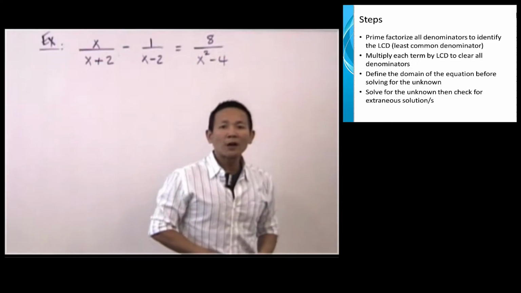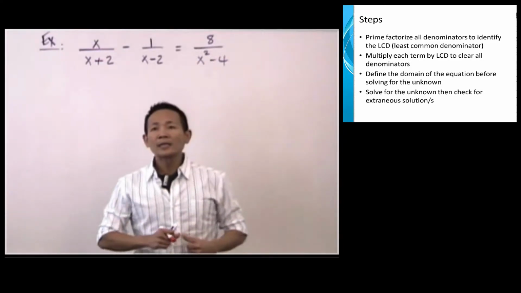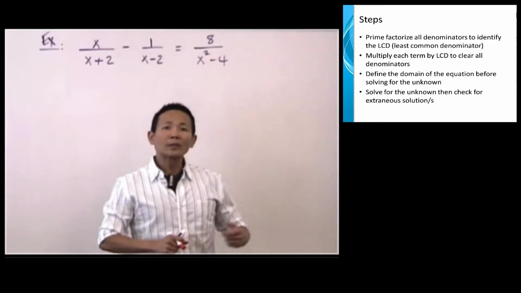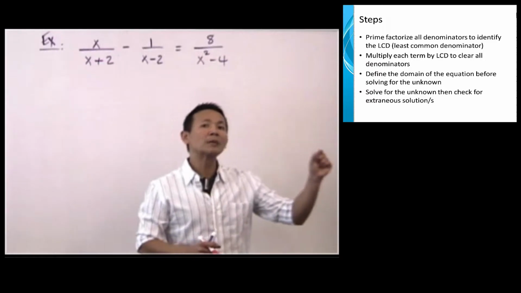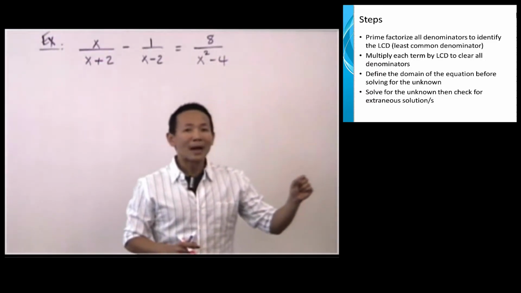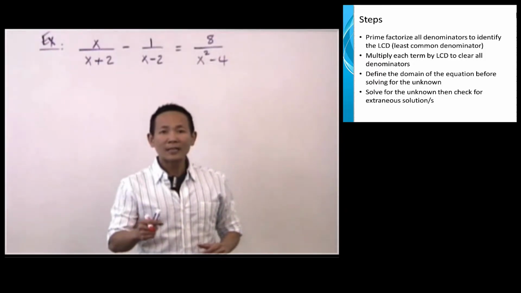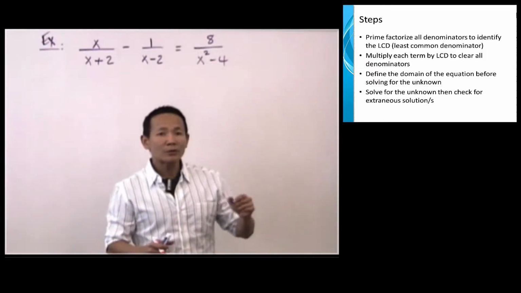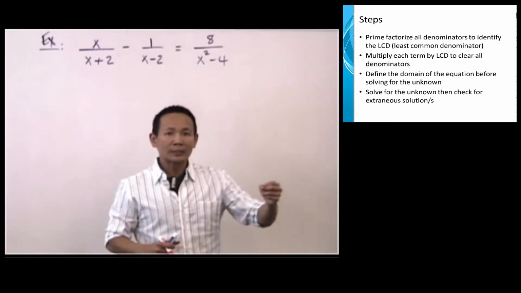If you want to solve a rational equation, the very first step is to clear the denominator. To clear the denominator, you have to multiply every single term of that equation by the LCD. But in order to identify the LCD, we have to prime factorize all the denominators to simplest primes.